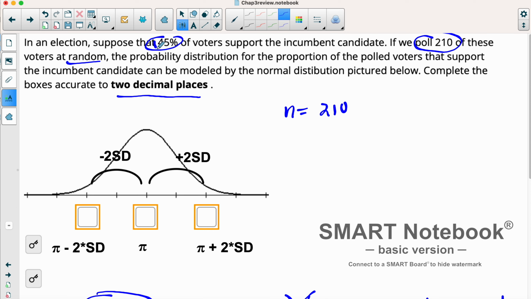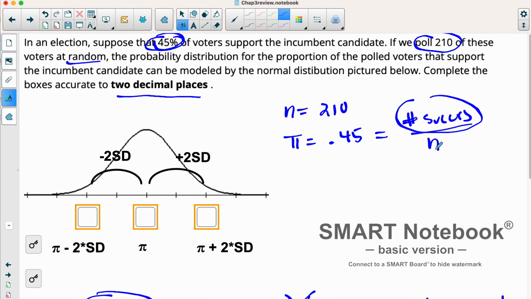Well, we also have this proportion of success. Okay, that's my pi. My proportion of success is 0.45. That's equal to my number of success divided by my sample size. To calculate the number of success, I need to do algebra.